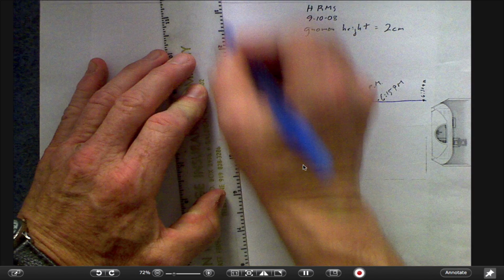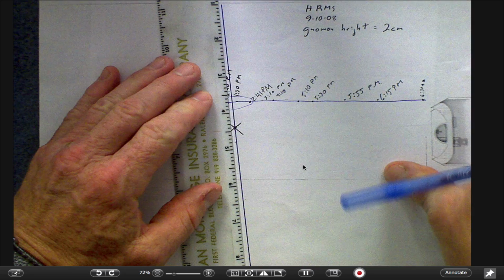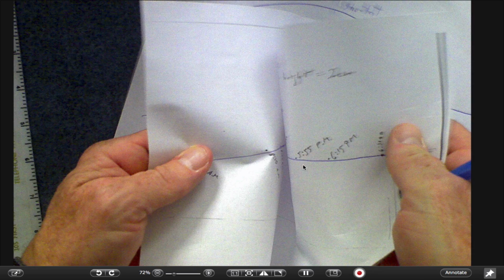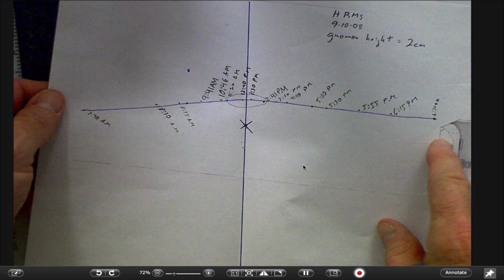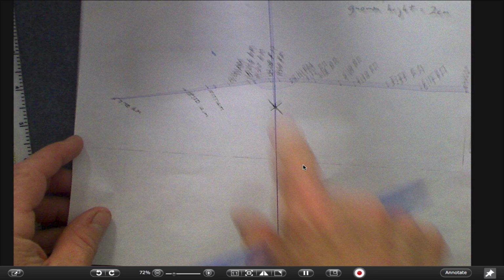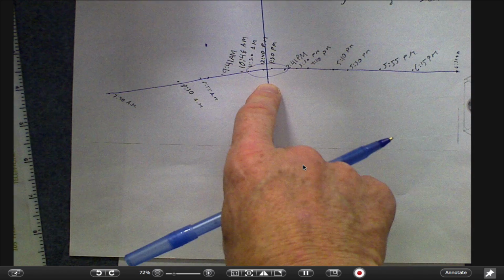And if we fold it along this line, you can see that the shadow plot lines pretty much line up side to side. Now they're not the same length on either side because we can't make the shadow plot that way, but all shadow plots have a line of symmetry and it goes right through that shortest shadow of the day.